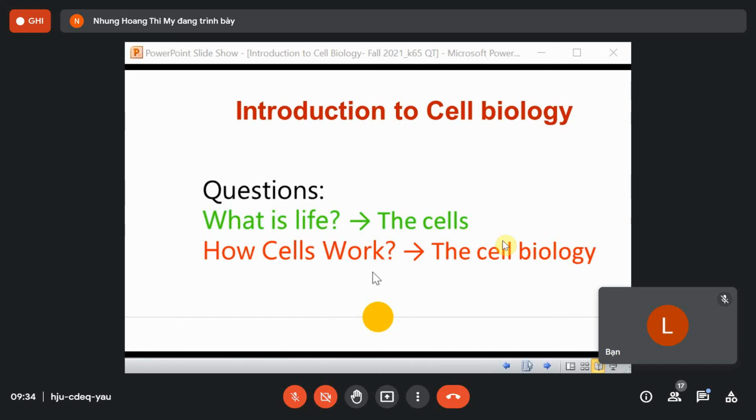To understand life, that means understanding the cell, you need to know about cell biology. So the main purpose of cell biology is to answer the question of how the cell works. Simply, that is the aim of cell biology.